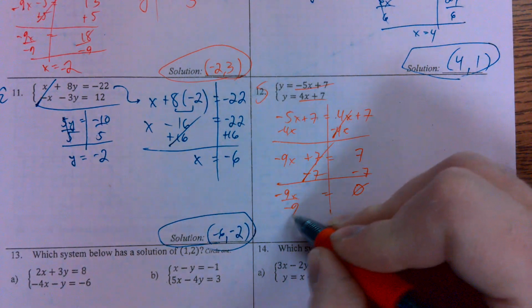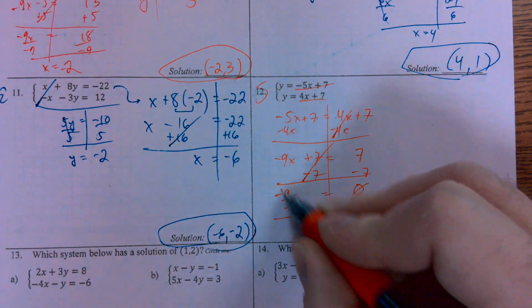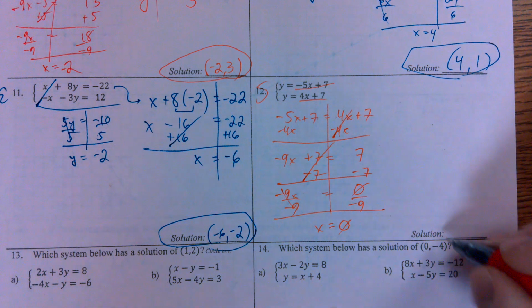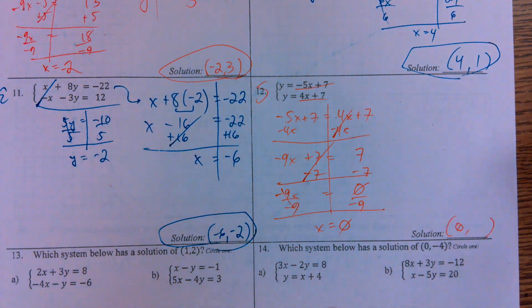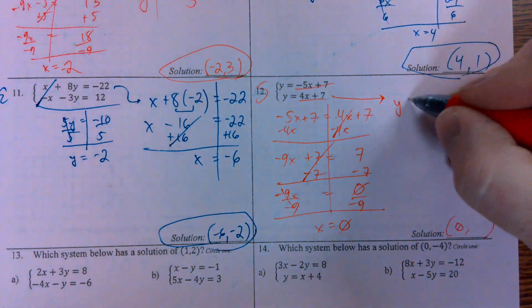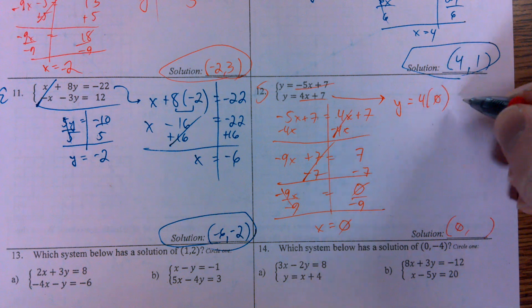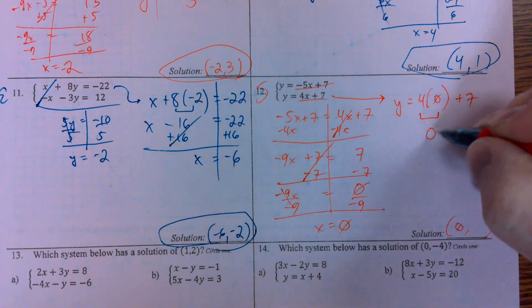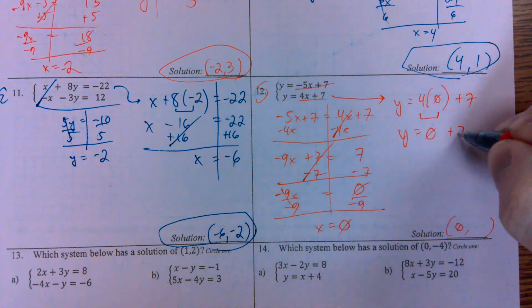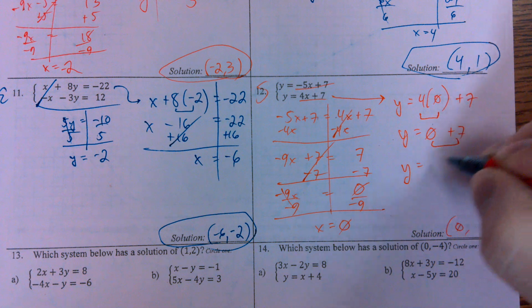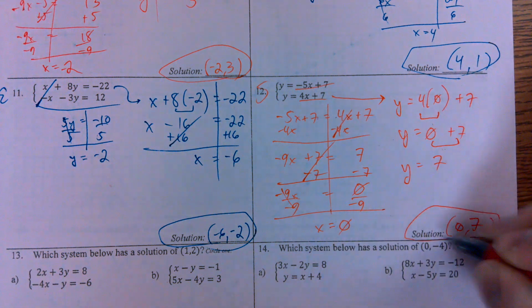If I take 0 and divide it by anything, I get 0. Well, that's going to make plugging in a lot easier, because again, anything times 0 also gives me 0. And 0 plus 7 is just 7.